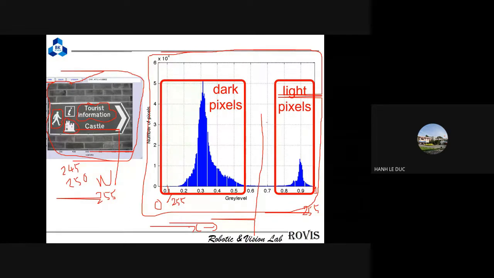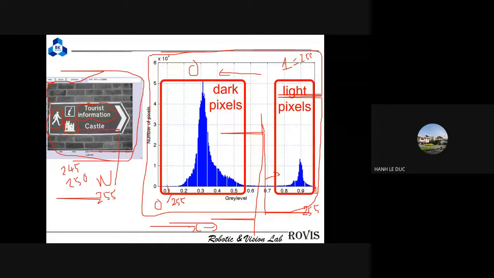So we can choose the value between here, and below this one we make it 0, dark, and higher we will make it 1, that means 255. After this stage, the light color will be shown on the picture.